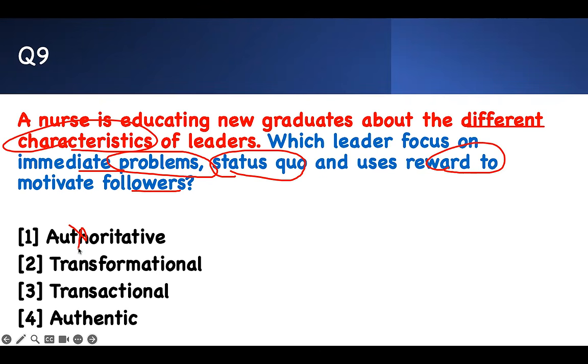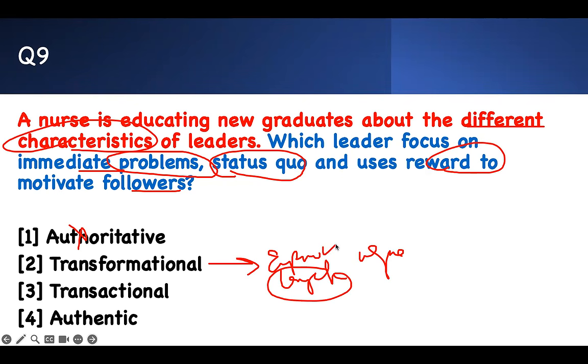Authoritative, I told you, is all over your face. A transformational leader does not do that. What he does is empower you, for long-term capability, and he inspires. He cares about the long-term stability of the situation and the environment, and empowers and inspires you.